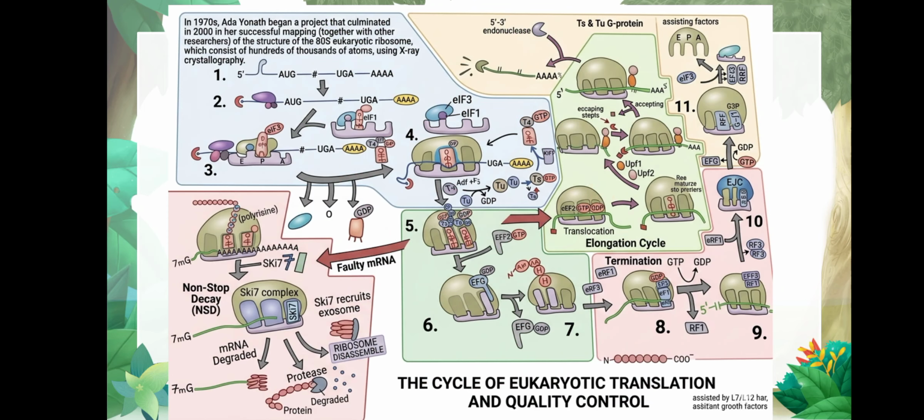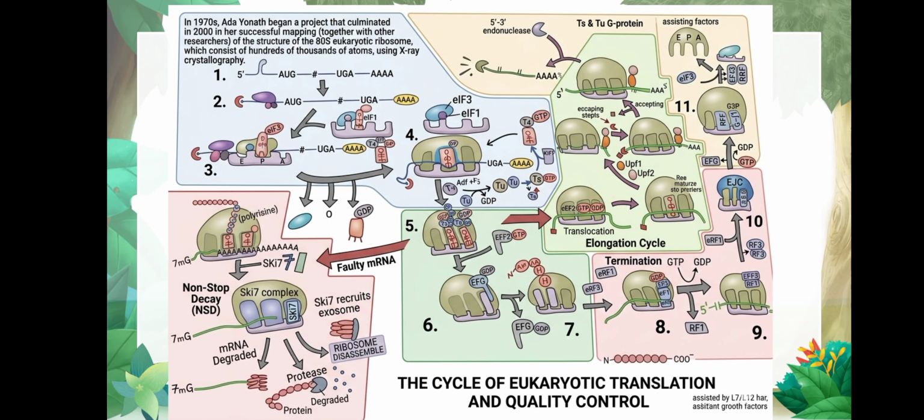We will go into detail at another time, but you just need to know the concept: before translation, a small subunit of the ribosome, brought with the help of initiation factors 3, 4 and 1, scans the mRNA and searches for the AUG codon.